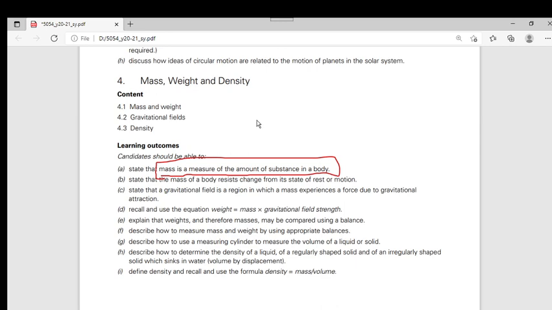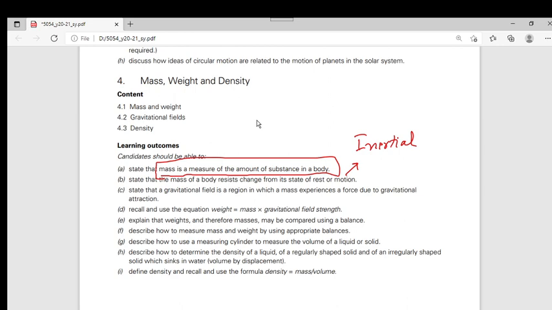Then the definition of inertia. Whenever there is a reluctance to the motion of an object in its state of rest or motion, that is called inertia.